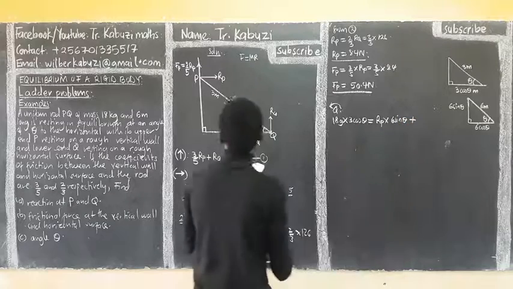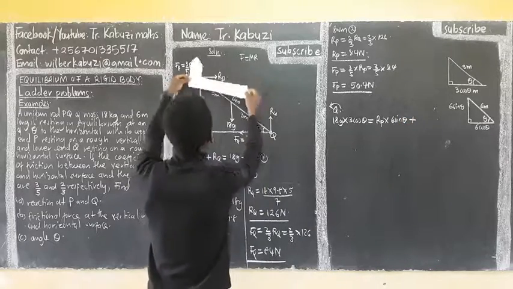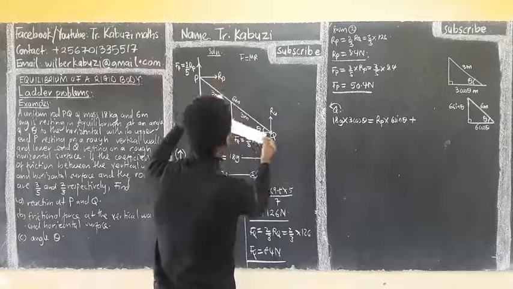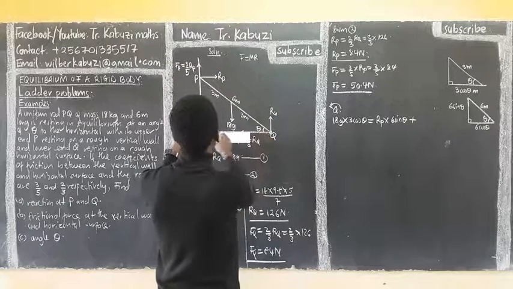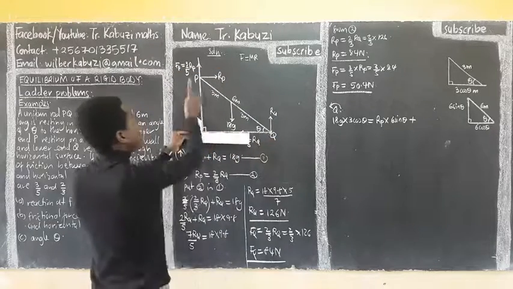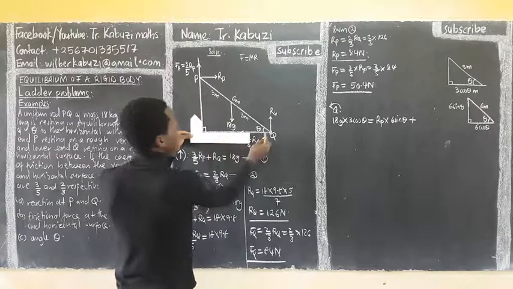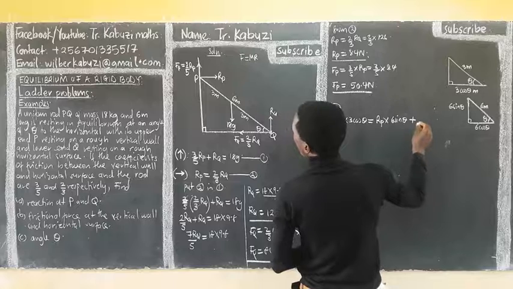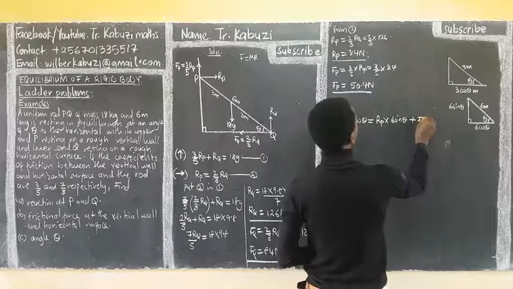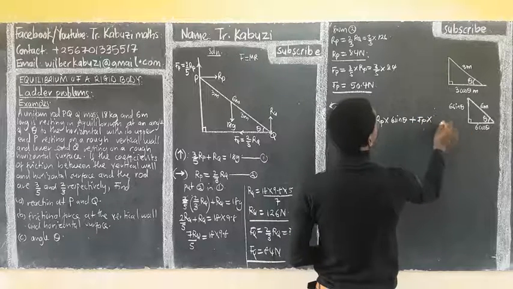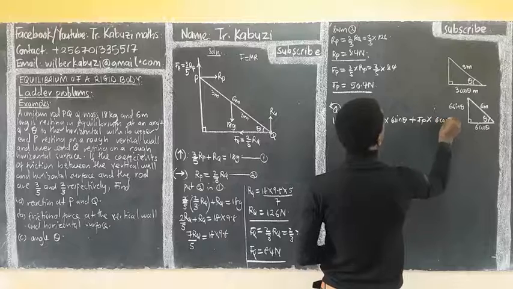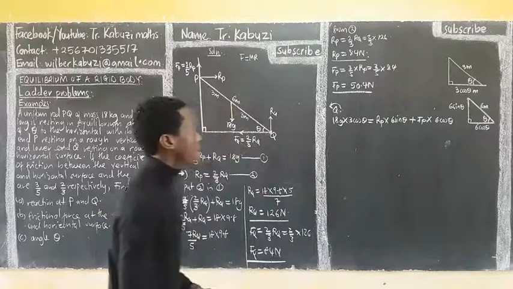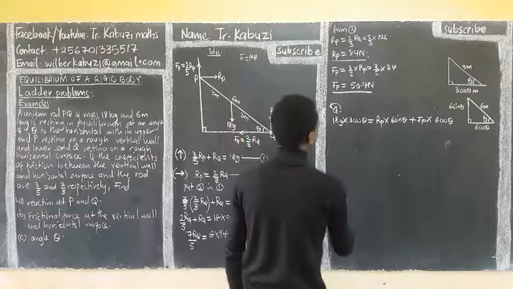Then plus, we have also this force here. You see it's going to act clockwise. So its distance from here up to here is the perpendicular distance, because the force is there. So I have FP times 6 cos theta. After that, we substitute what we have and then we simplify.